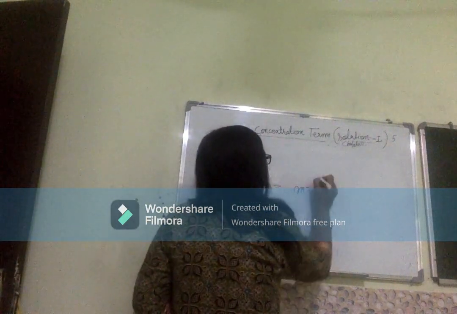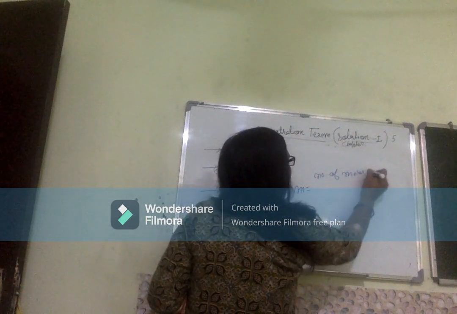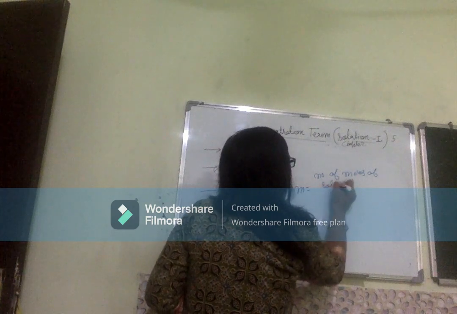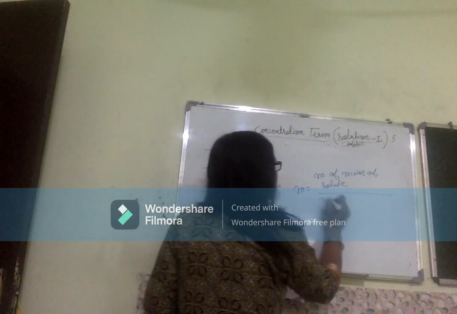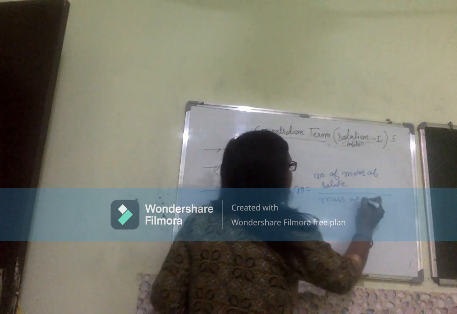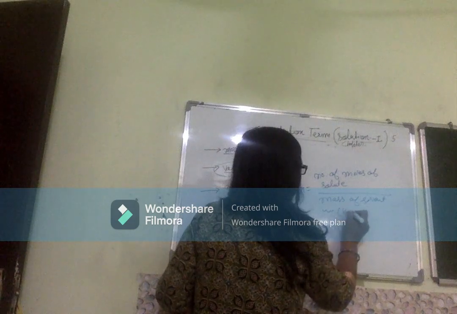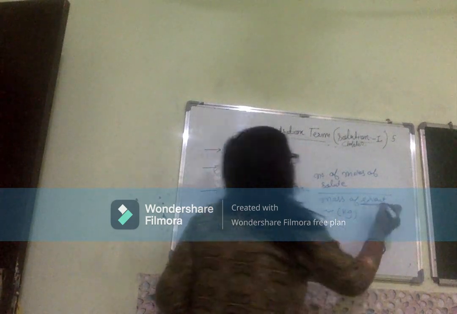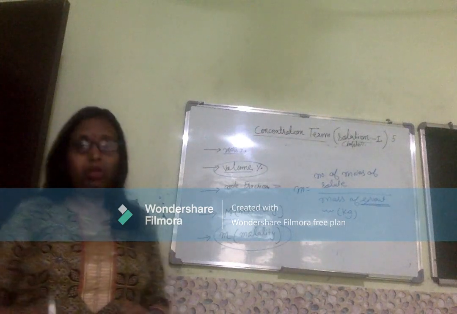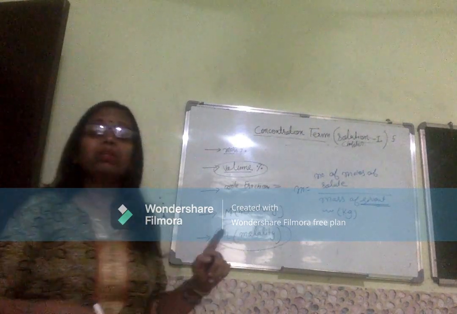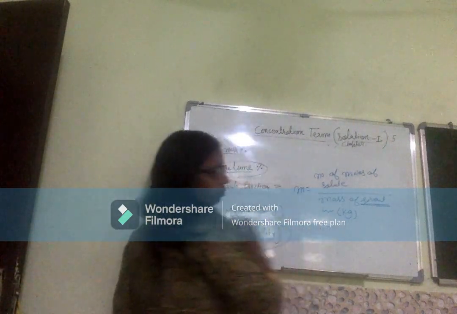Small m is the number of moles of solute divided by mass of solvent in kg. Remember, here it is the solvent. Solvent means solution minus solute. Mass of solvent, not mass of solution. Mass of solvent in kg.